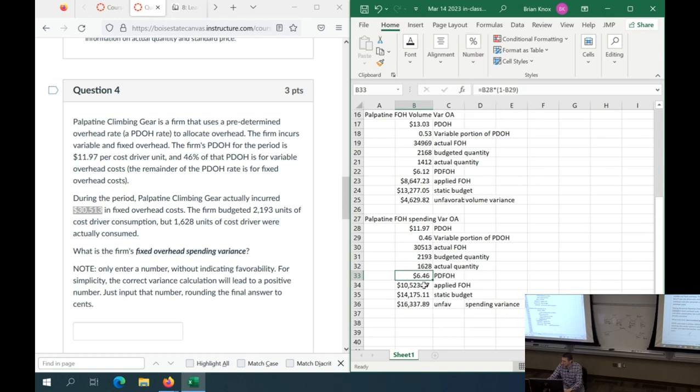Given $6.46 and a budgeted quantity of 21.93 of cost driver, our static budget then would have been that $14,175 in this cell right here. Meaning that the spending variance is the actual $30,513 minus the $14,175.11 that's in the cell that's highlighted right now, which equals $16,337.89. That's the spending variance right there.